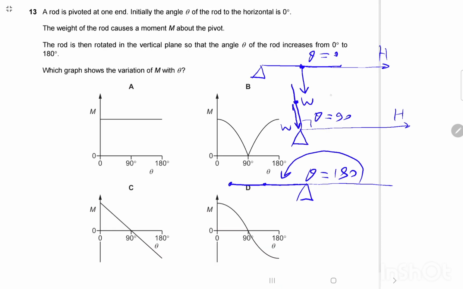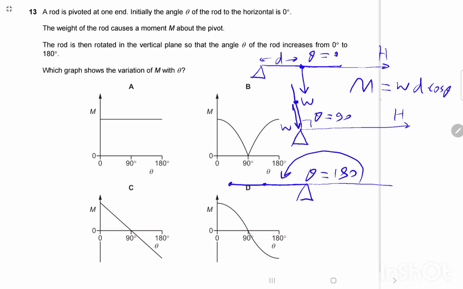So here we know that the moment is equal to force, which is W, times distance from the pivot, which is this distance D. And here we'll add another term, which is cosine theta. Cosine 0 is 1.